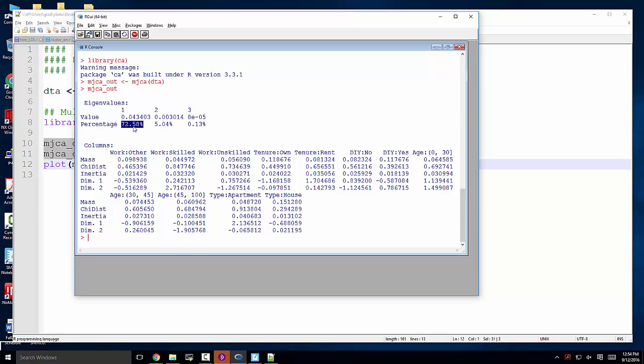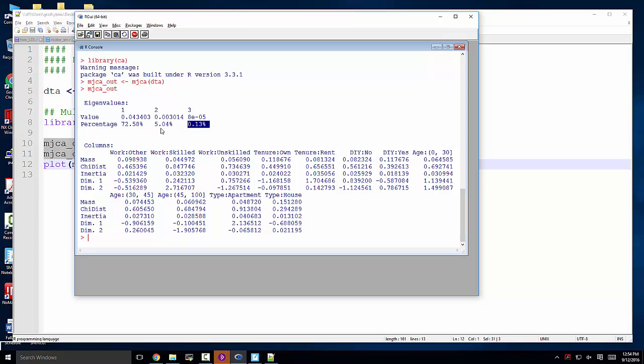In this case, we can explain almost 3/4 of the variability in our categorical variables with a single direction. The second most informative story explains only 5%, and then it drops off to nearly nothing. So we have definitely one pattern that's worth exploring, and we'll look at the second one as well.